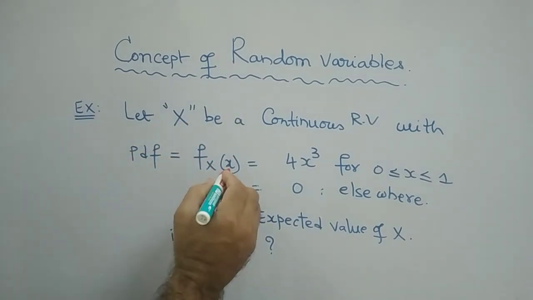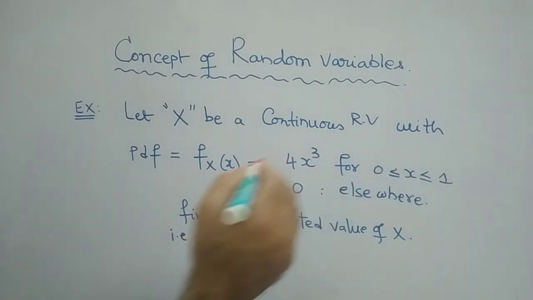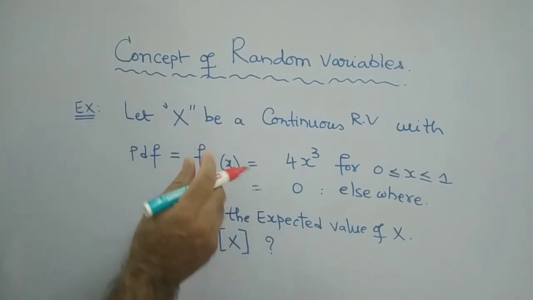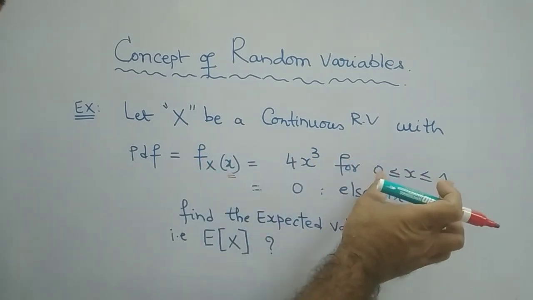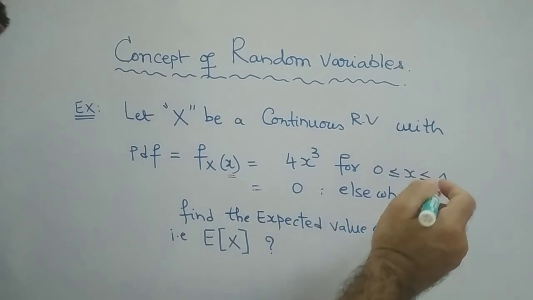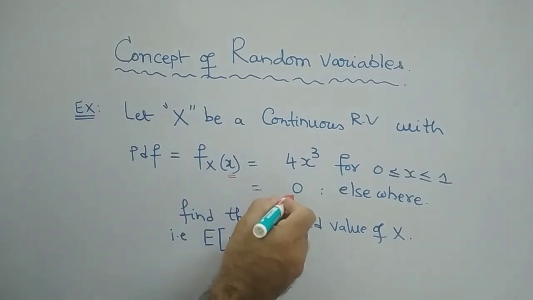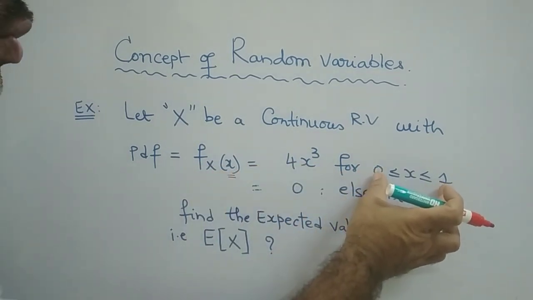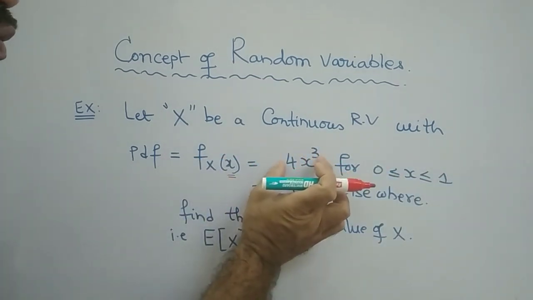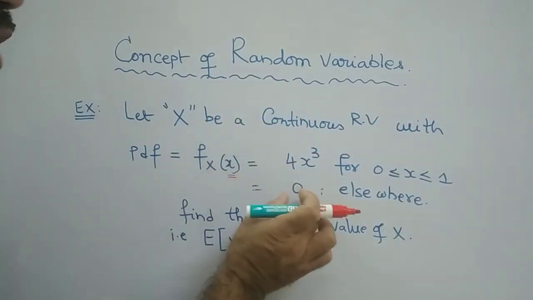That means the density function is defined within this interval only, between 0 and 1. Outside of that, the f of x value is 0. Between 0 and 1, f of x is 4x cube, and outside that boundary the value becomes 0.